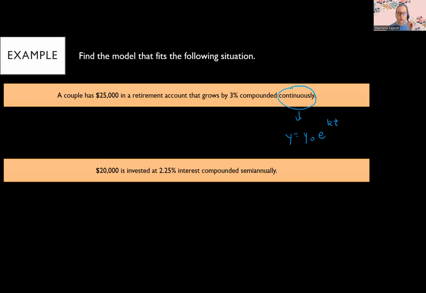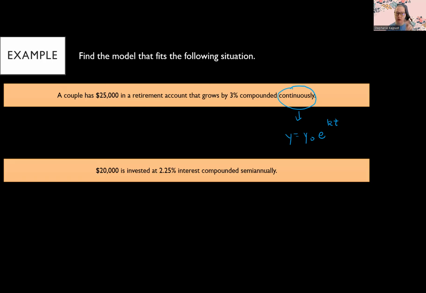So if you see the word continuously anywhere with compounding, that's the model you're using. That would be the first thing that I look for, is to see, do I have that word? Because then I know exactly which model I have to use.